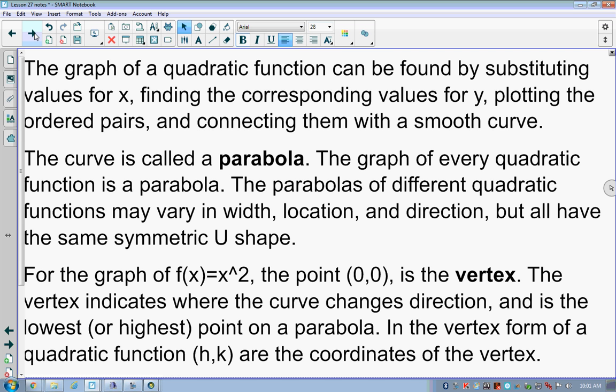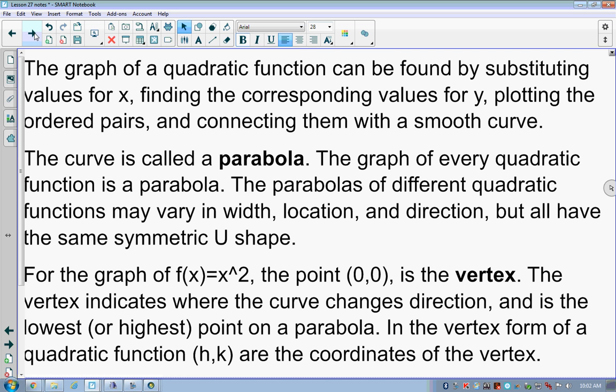For the graph of f of x equals x squared, the point 0, 0 is what we call the vertex, and a vertex indicates where the curve changes direction and is the lowest or highest point of a parabola. If my parabola opens downwards, the vertex is the highest point. If it opens upwards, the vertex is the lowest point. Do you follow me so far?